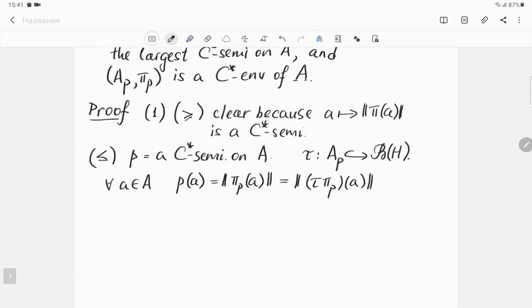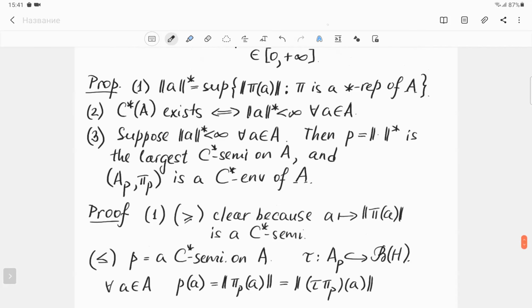But this composition of pi, p, and tau is a star representation of A. And so this shows that P is dominated by, is less than or equal to this supremum.